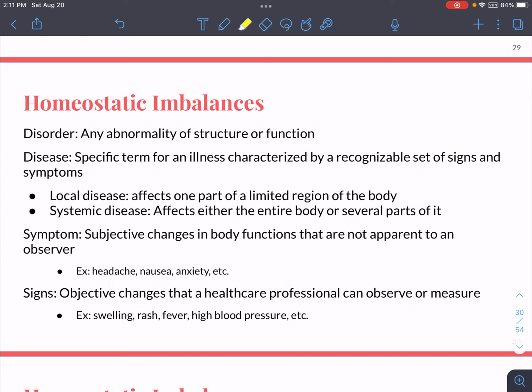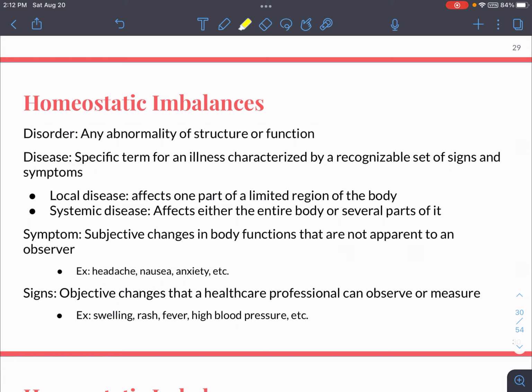So there are some physical signs of anxiety, but headache and nausea are good examples of symptoms that you feel, but a doctor won't really be able to physically see. Signs, on the other hand, are what health professionals, doctors, and nurses can observe or measure.